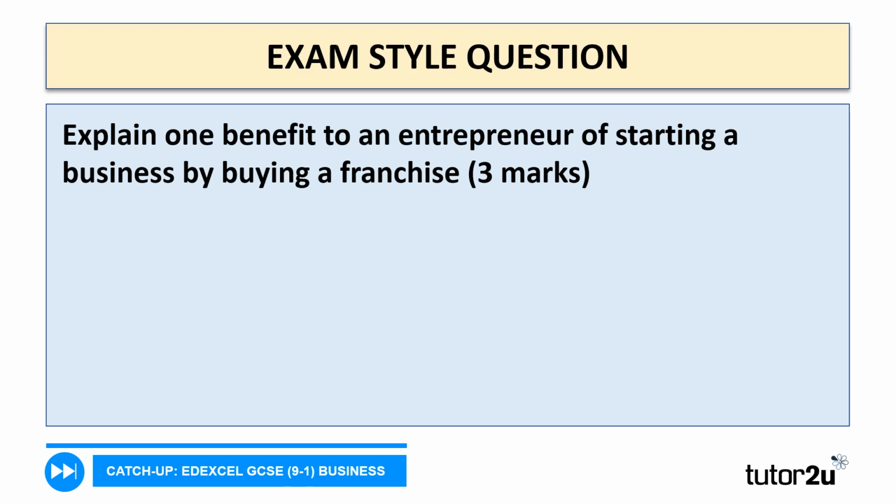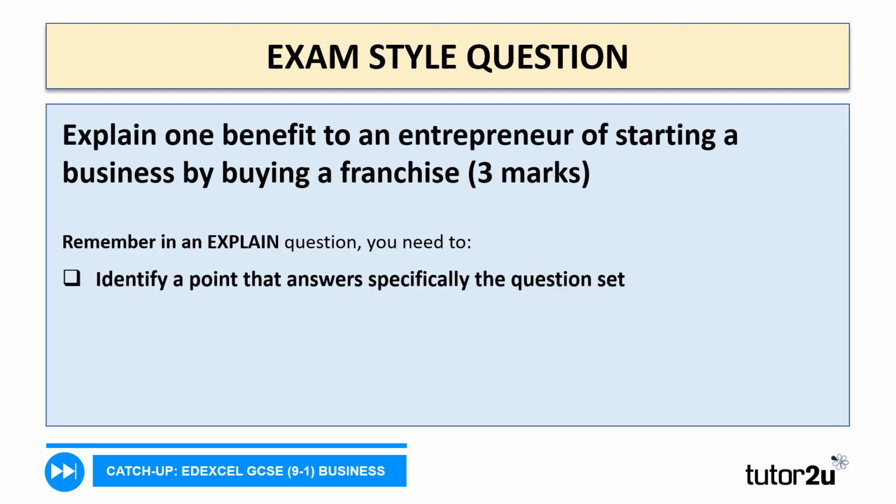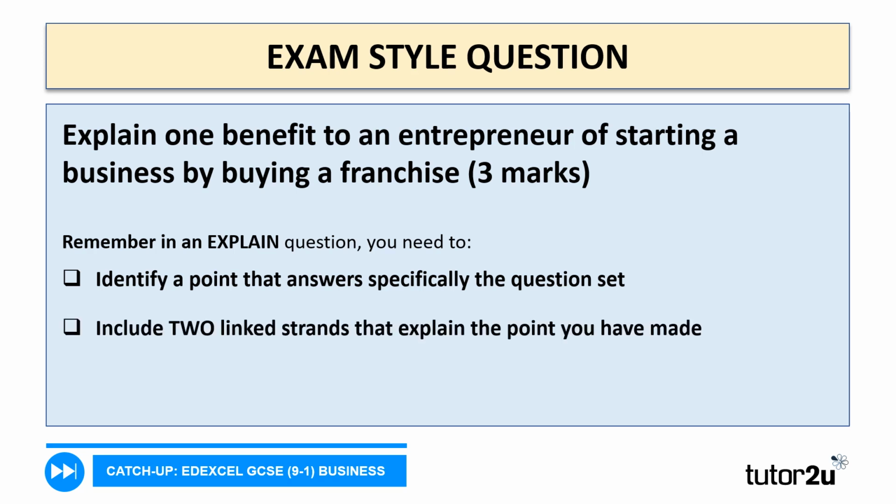So remember the key principles for answering an explain question. Identify a point that answers specifically the question set. So in this instance, the explain question is looking for one benefit. Once you have written your benefit in the first sentence of your response, you then need to go on and explain that benefit with two linked strands that explain the point you've made.